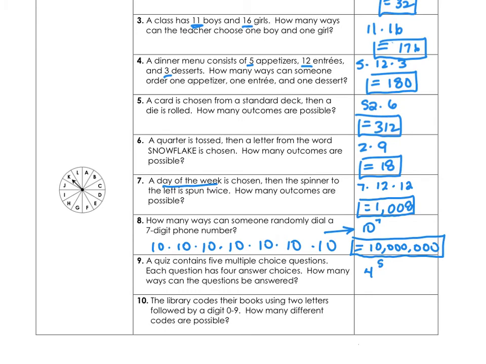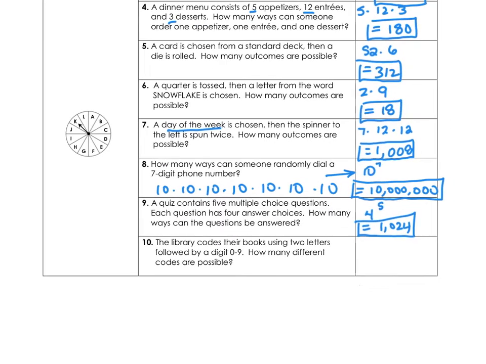If we were to do a tree diagram, we would have A, B, C, D, multiplied by A, B, C, D, times A, B, C, D. It'd be a giant tree diagram, right? So we'll just stick to the counting principle, and we'll say that that's 1,024 combinations to answer the quiz. Aren't you guys glad that you study for stuff? Because that's a lot of different things that you could do wrong.